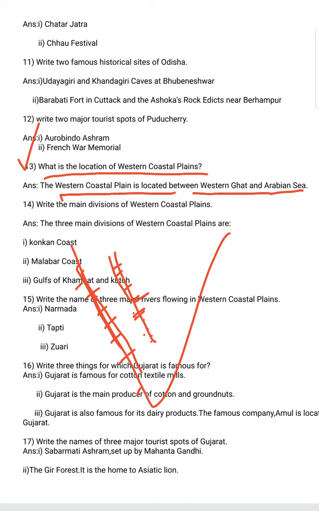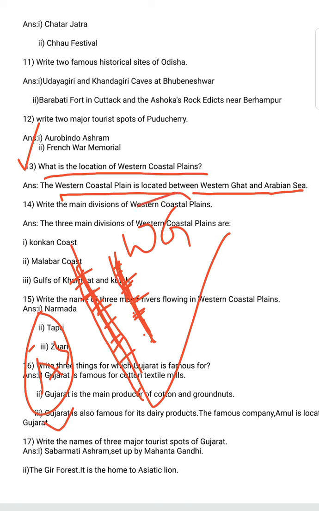This Western Ghat is a tourist spot. And here is the Arabian Sea. So this Western Coastal Plain is located between Western Ghat and Arabian Sea. It lies between the Western Ghat and the Arabian Sea.